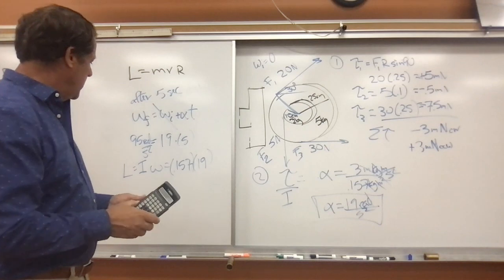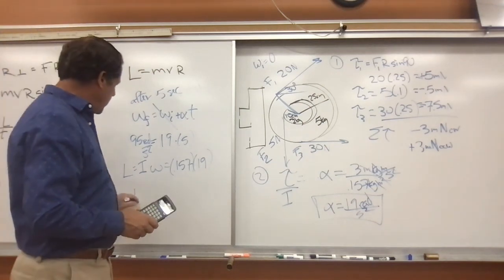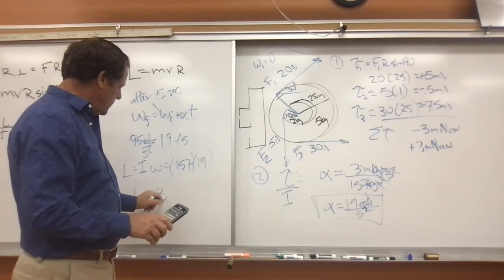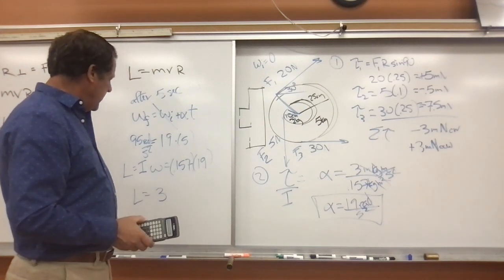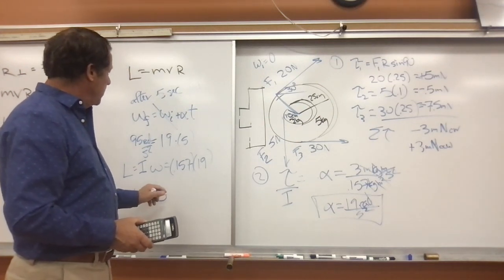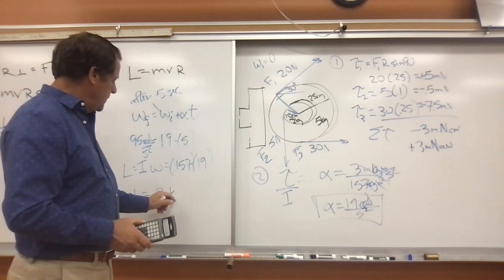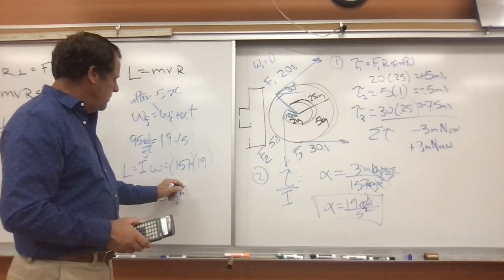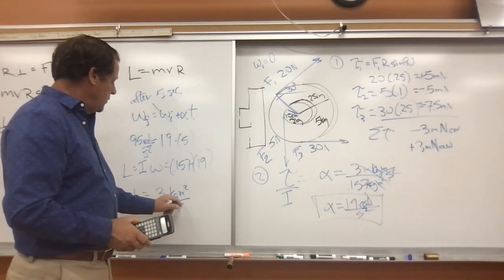And we're going to get 3. So our angular momentum at the end of this 5 seconds is going to be 3, and that is going to be kilogram meter squared per second.